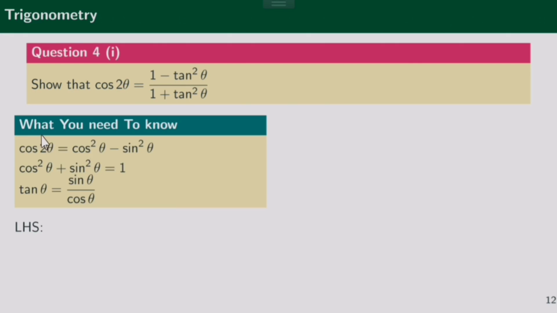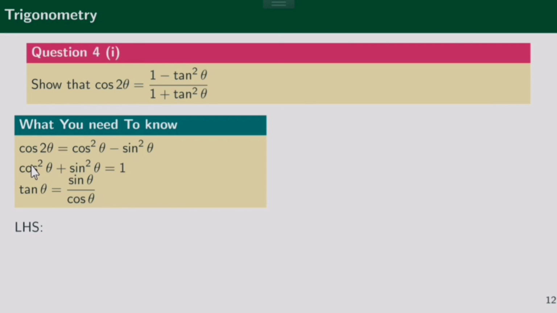So what do you need to know in order to leave from the left hand side and arrive at the right hand side? First, cos 2 theta is equal to cos squared theta minus sin squared theta. So this is a trigonometry identity which you know, and I think it is in your formula booklet as well.